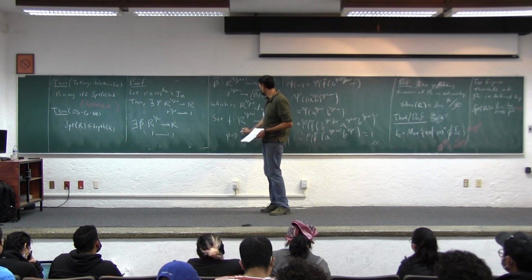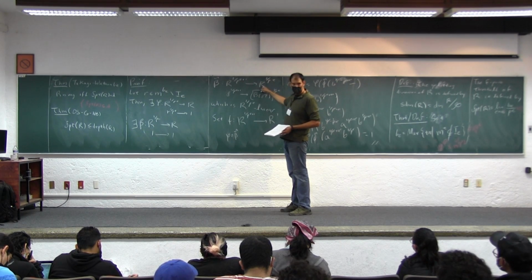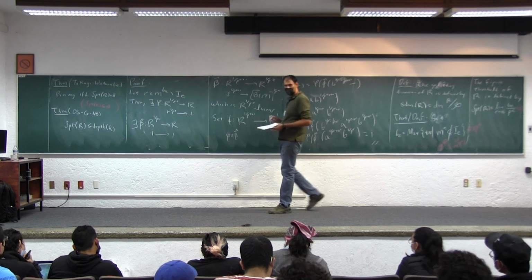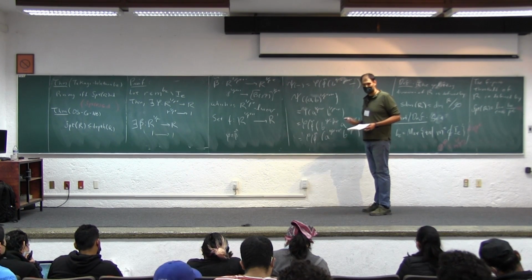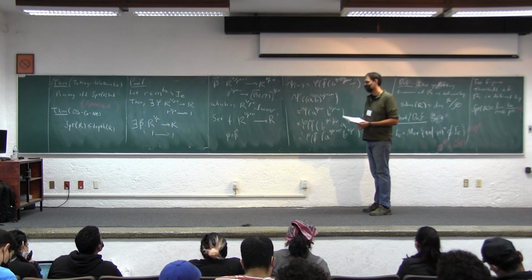So we go from beta tilde from here to here, and then we do the next step from here to here with phi. Are we good so far?